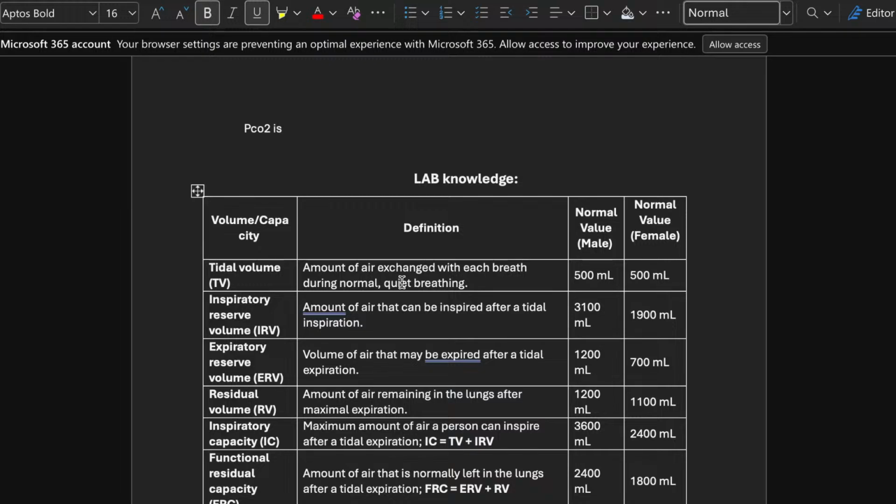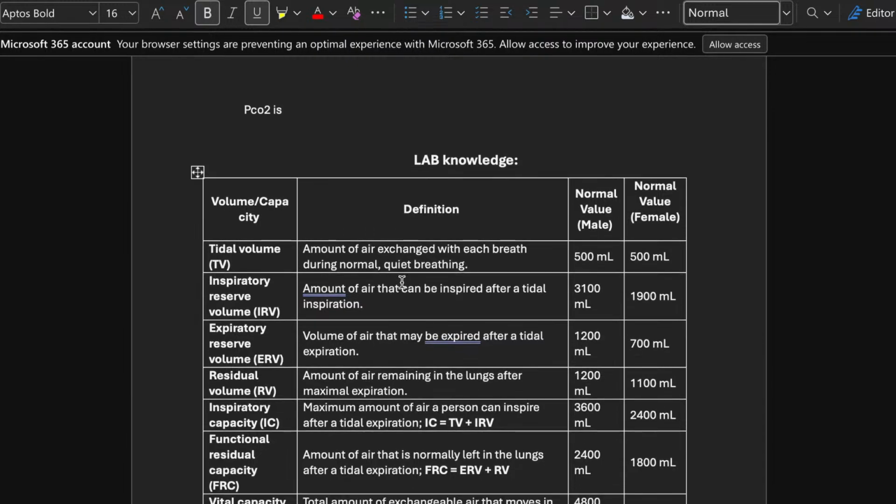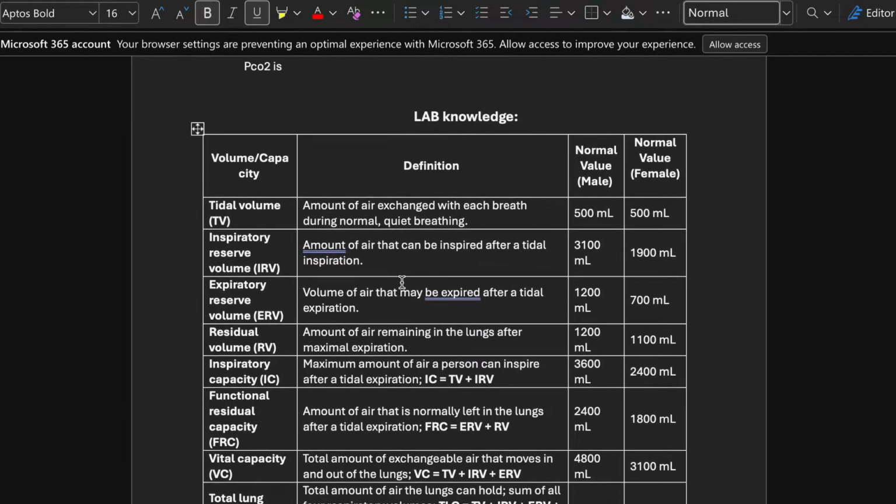TIDAL, 5. Inspiratory reserve volume is 3,100 in males and 1,900 in females. It's a pretty big difference. Expiratory reserve volume is 1,200. Residual volume is pretty interesting.